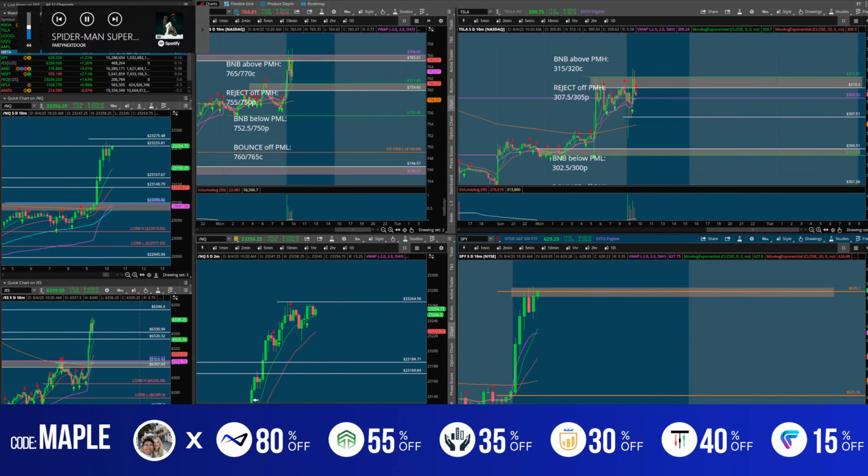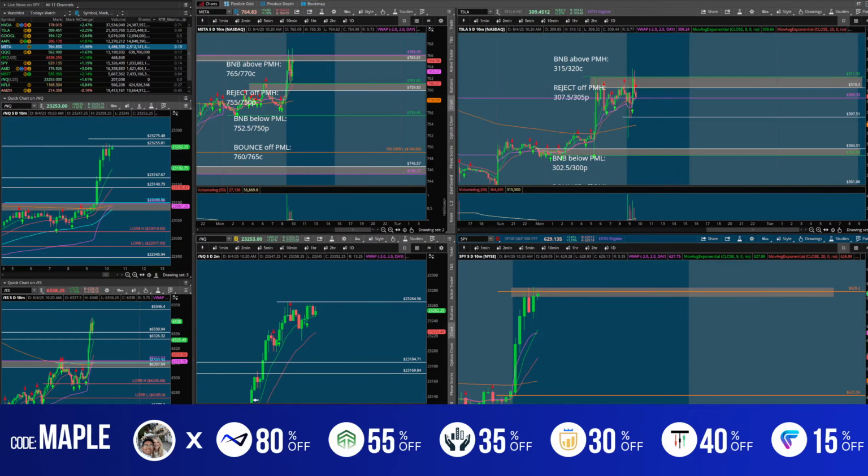Okay, what the fuck? See, they're kind of stuck at the orb high. Orb high is 57.75, but we'll just say 58.